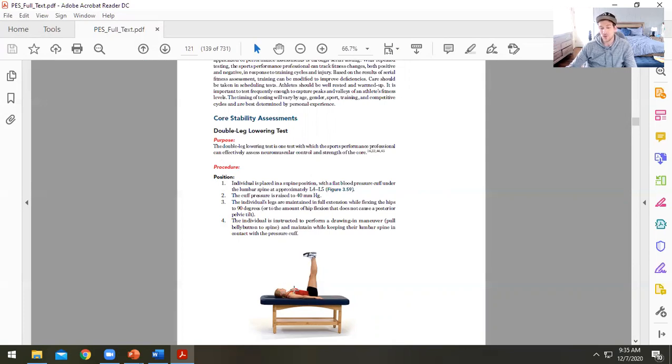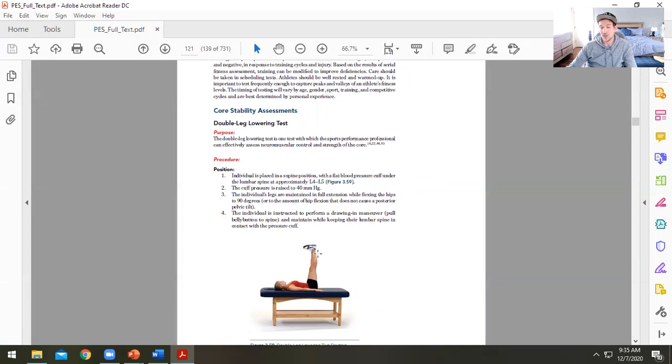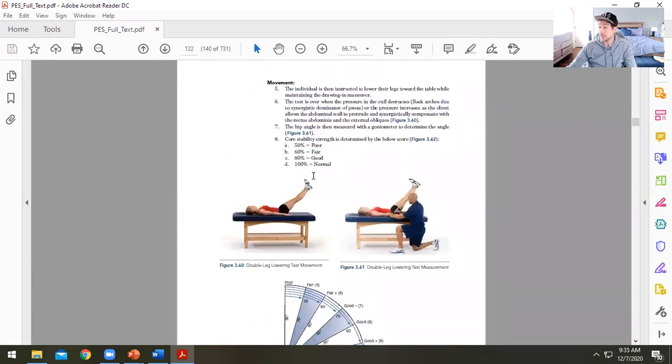And then what you do is you raise your thighs to a right angle, 90 degrees, and then they're going to lower their legs. There's the double leg lowering assessment. They're going to lower their legs, and all of a sudden, at some point, they're going to push their low back into the ground. As their core has to work more and more, and the lower their legs get, they'll push their low back into the floor, and that blood pressure cuff's there.